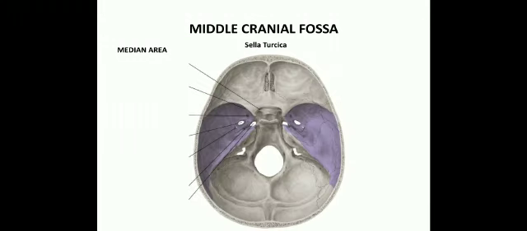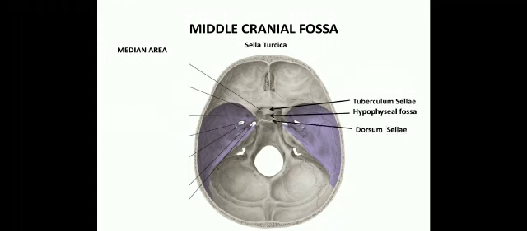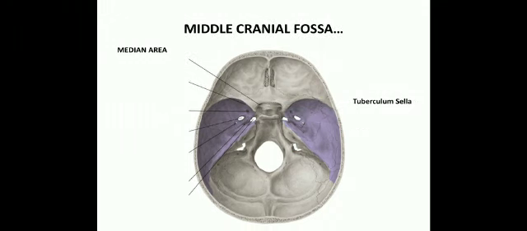Then the sella turcica or pituitary fossa is bounded above by the tuberculum sellae, and at the center you can see the hypophyseal fossa, and below it is formed by the dorsum sellae. The tuberculum sellae presents the optic groove in front of the hypophyseal fossa. Its lateral ends form the middle clinoid process.